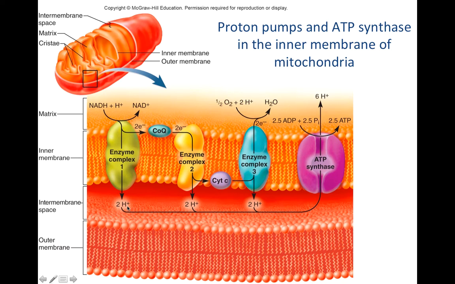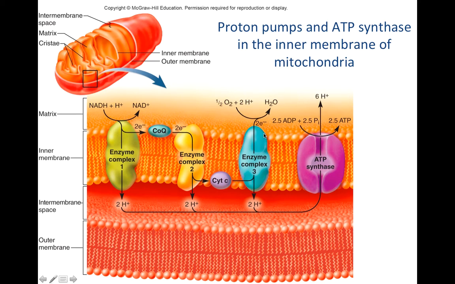These are charged. So what's going on here is you're generating an electrochemical gradient. Electro because this is charged, it has a positive charge to it, and chemical because the hydrogen ion aspect of it is also forming a gradient. So you have an electrochemical gradient of hydrogen ions that's built up in this intermembrane space.